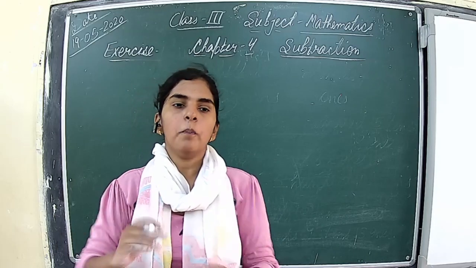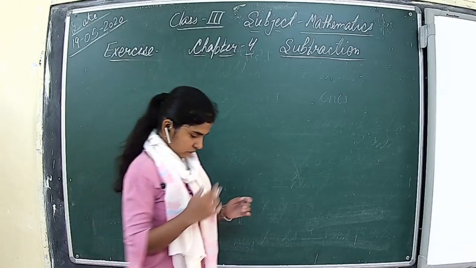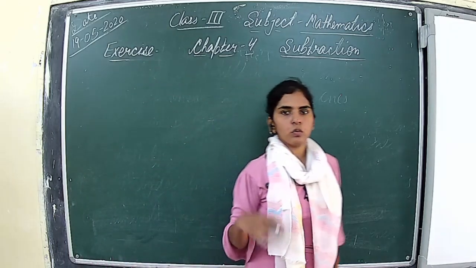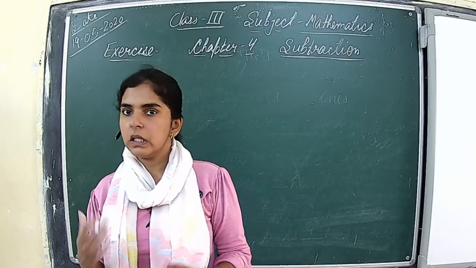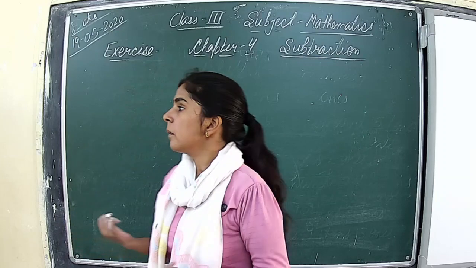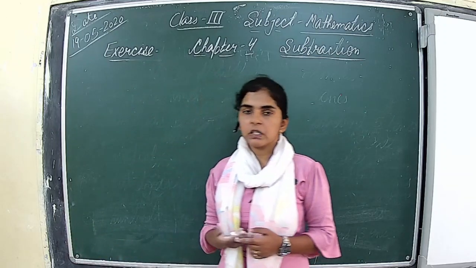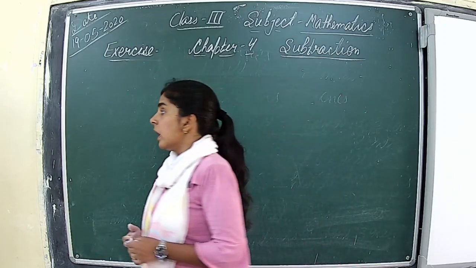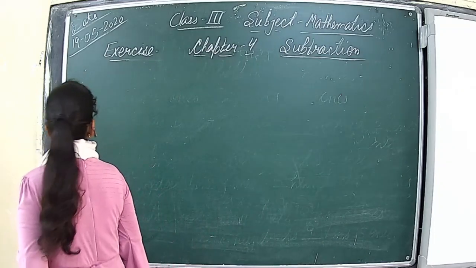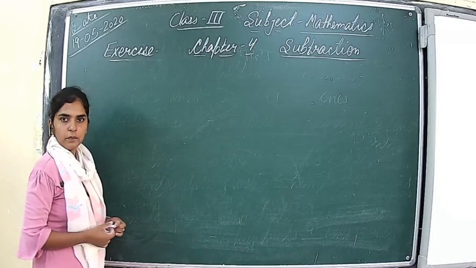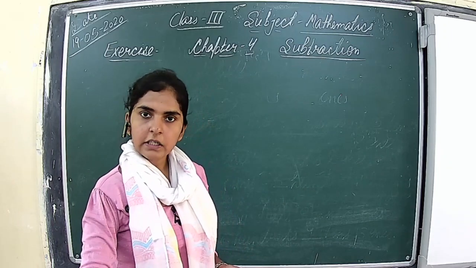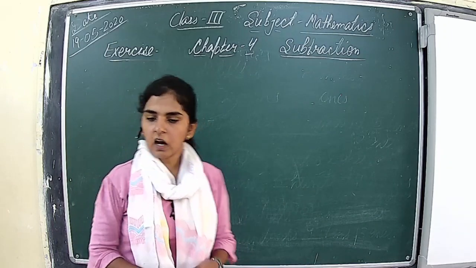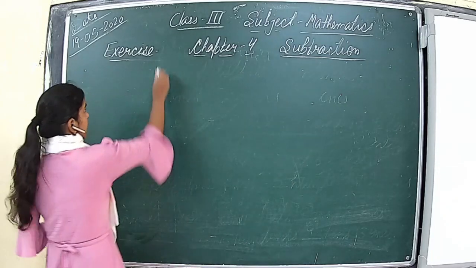When we give one borrow to another number, that number will be increased by 10 and the previous number will be decreased by 1. So today we will solve questions relating to this topic. Let's start exercise number 18.